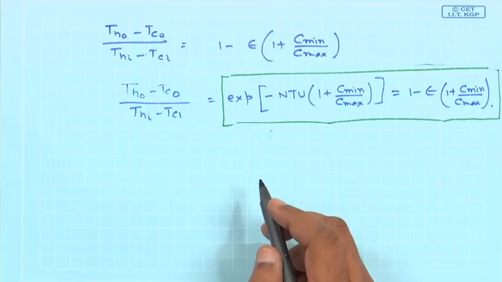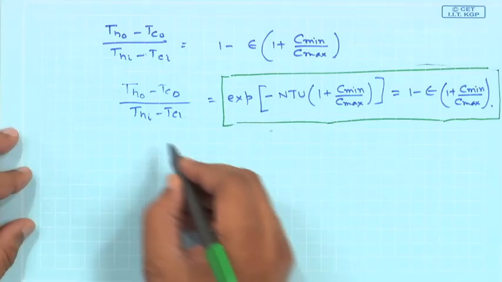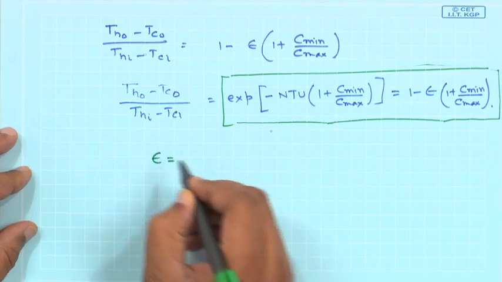So, this is the simplest possible form of the epsilon NTU relation, and I will just complete this to give you an idea of what the final form of epsilon is going to be.